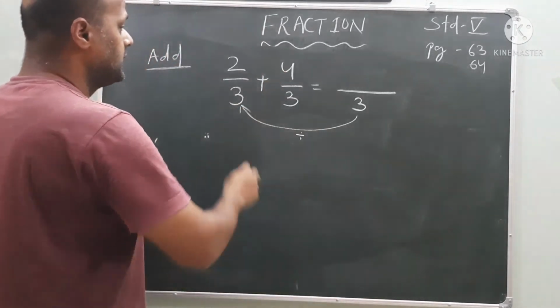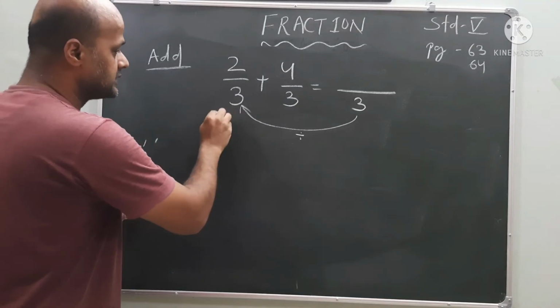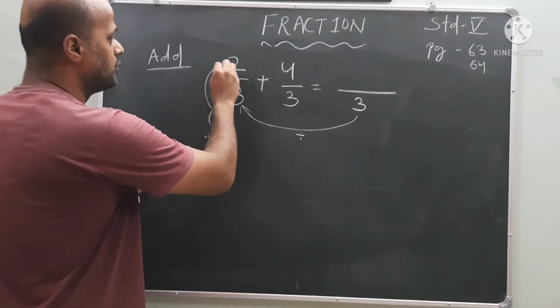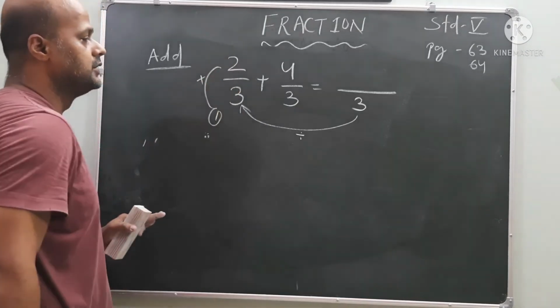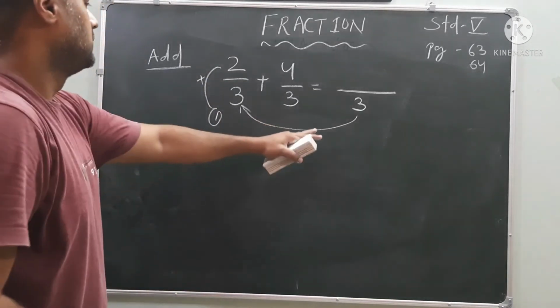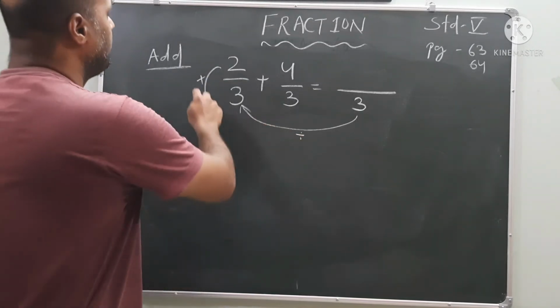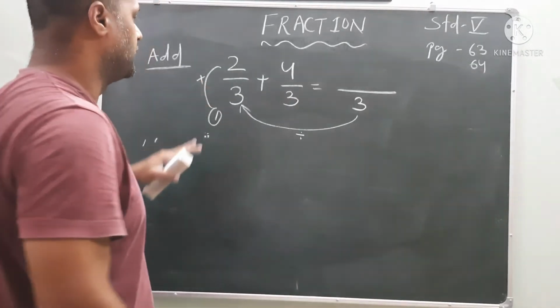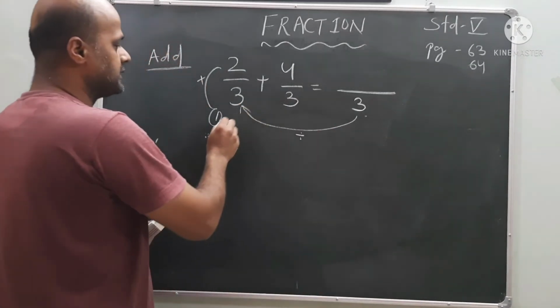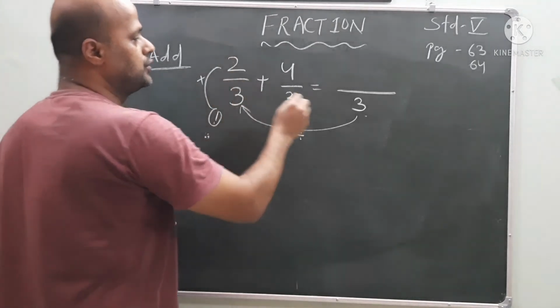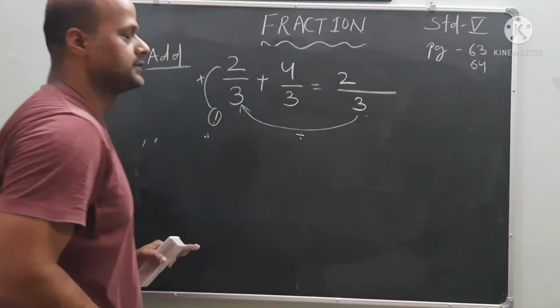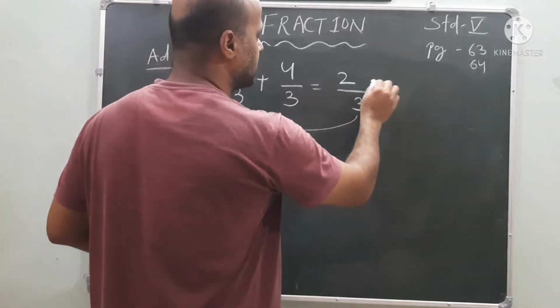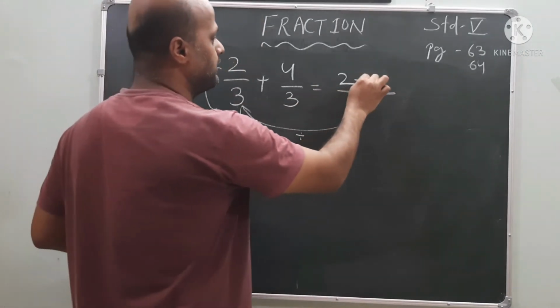Again, what result is coming? If the result is coming 1, then this one will be multiplied with the numerator. So 3 divided by 3 is 1, 1 into 2, 2. Same with the second fraction, but in between, which one is there? Plus.